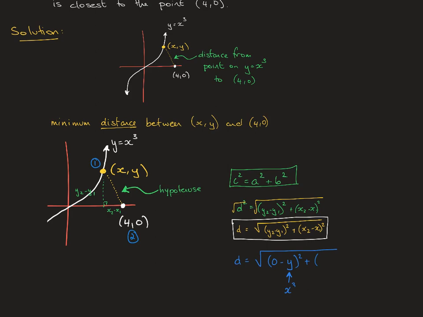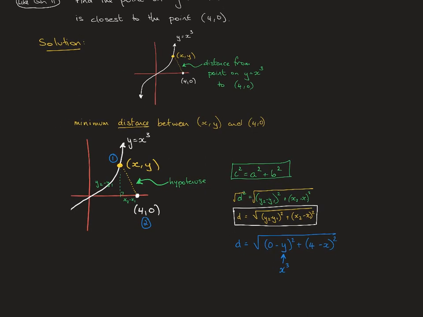Finishing off, x from point 2 is 4, minus x from point 1, which is x. So d is equal to the square root of (minus x cubed) squared plus (4 minus x) squared. And now I've got a formula.